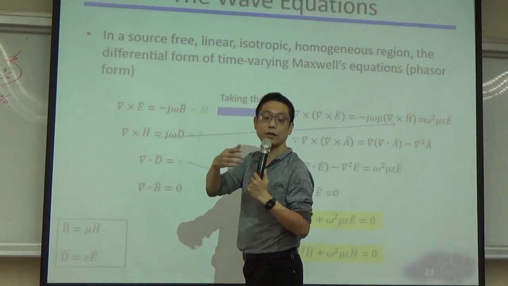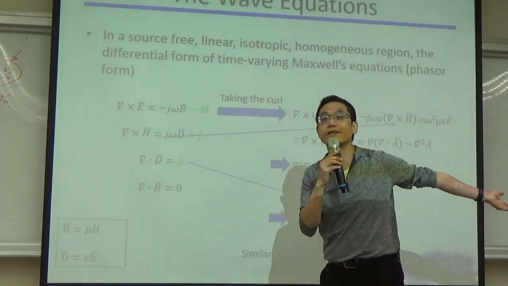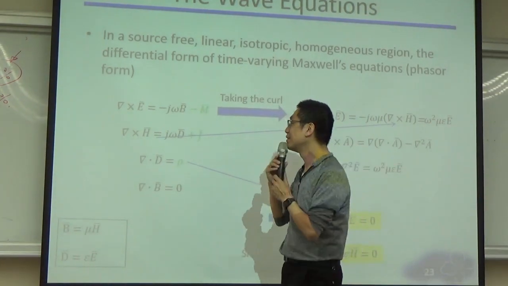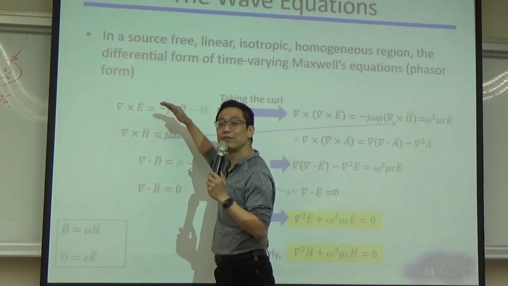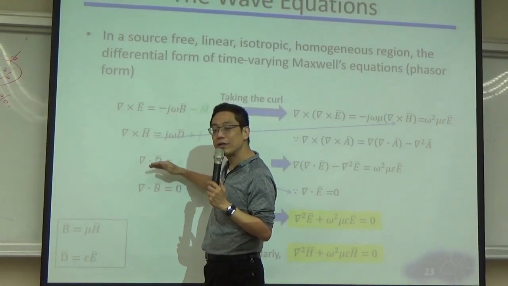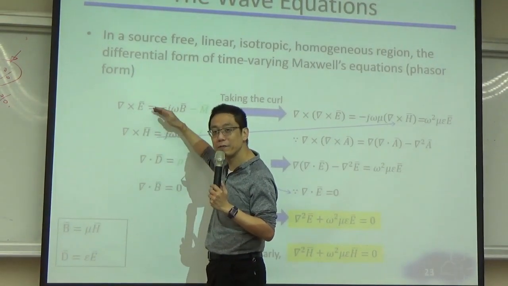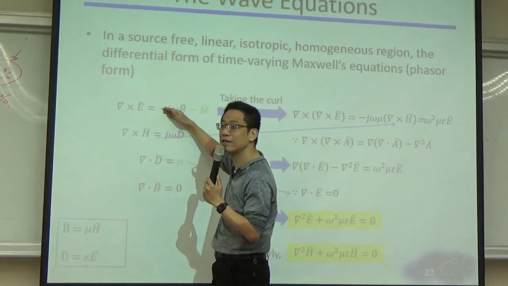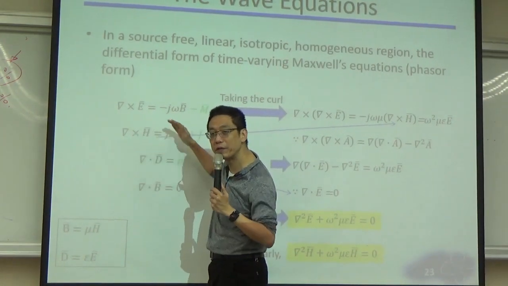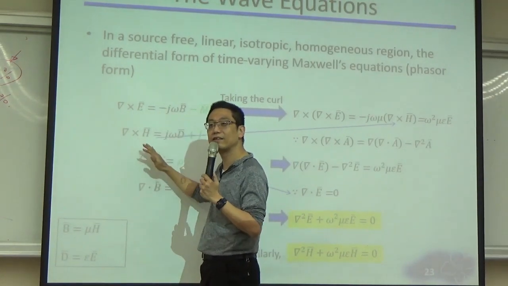You already did this. So the first answer of your quiz is these four. They are the Maxwell equations in the differential form, phasor form, and time harmonic, because you use the j omega here, and we will use this again and again and again, right?